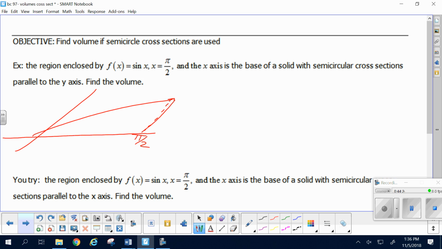In this case, they say parallel to the y-axis, so the stripes are parallel to the y-axis, and semicircles, starting at nothing and then getting bigger and bigger. Kind of missed, but you get the idea. And we want the volume of that.